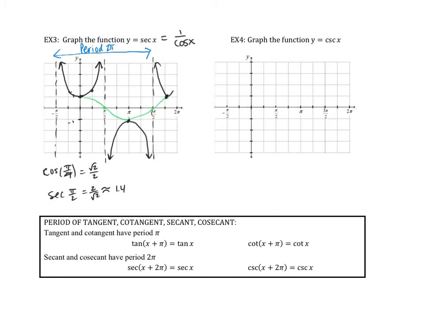Okay, let's look at cosecant, another reciprocal graph. That is the reciprocal of sine x. A reminder on sine: sine says go up. So here's my sine. And now for the reciprocal function, we would have asymptotes when the output of sine is 0.